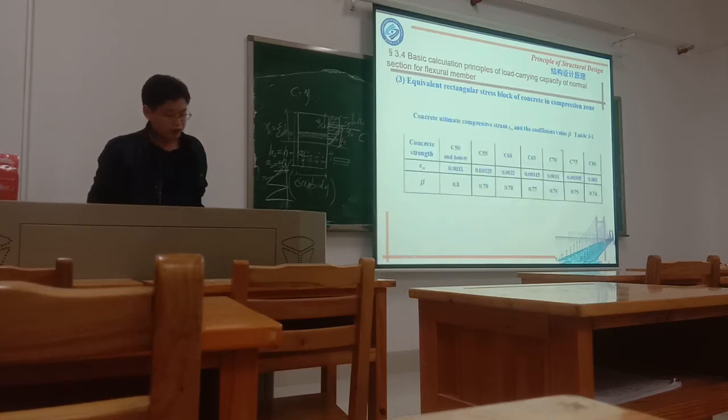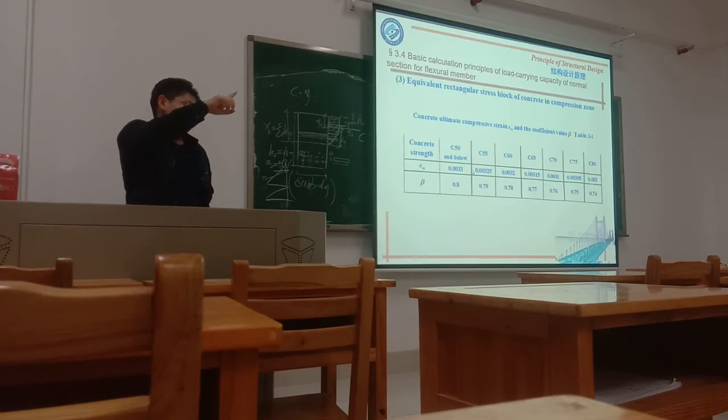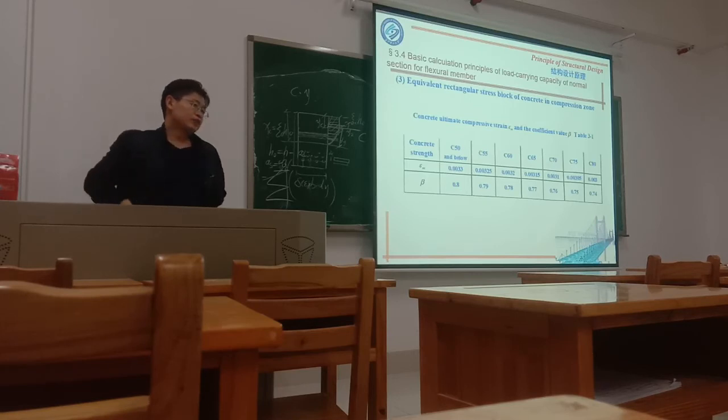Then we got this in the code, this table, because we see this beta and gamma are all based on epsilon 0 and epsilon cu. Actually, epsilon 0 and epsilon cu are only related to the grade of the concrete.